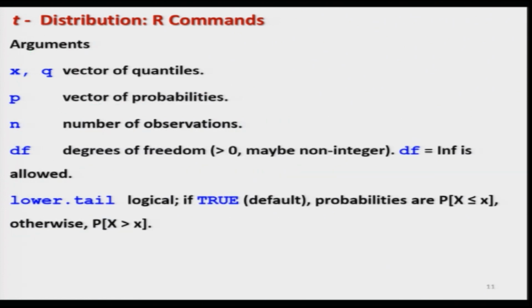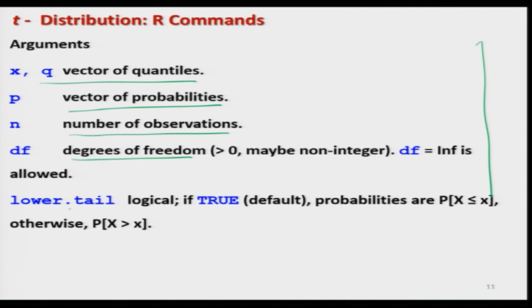So these are the details I just showed you. Here x and q are the vector of quantiles, p is the vector of probabilities, n is the number of observations, df is the degrees of freedom, and lower.tail is a logical variable taking value TRUE or FALSE, which you know how to use.